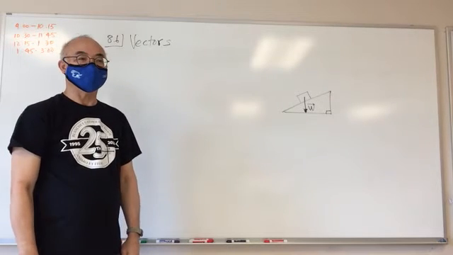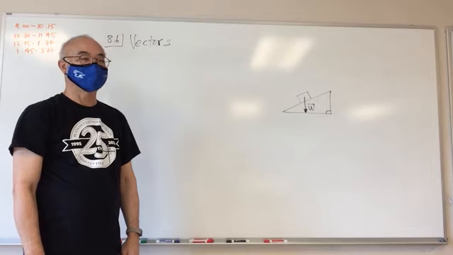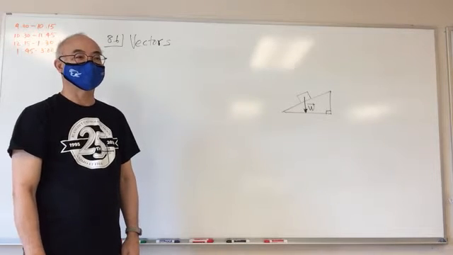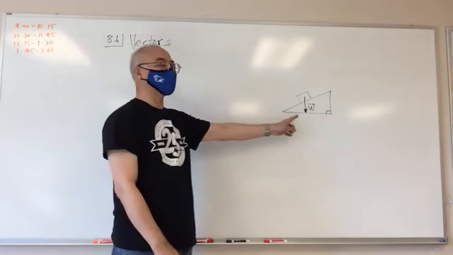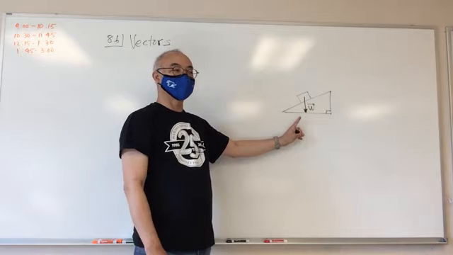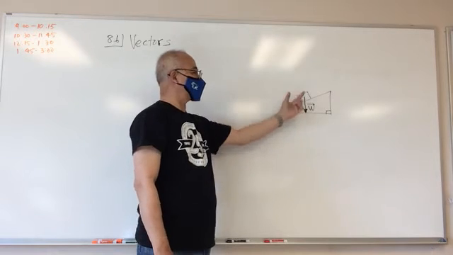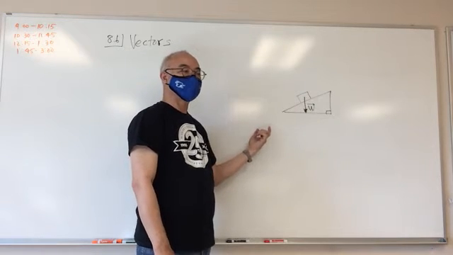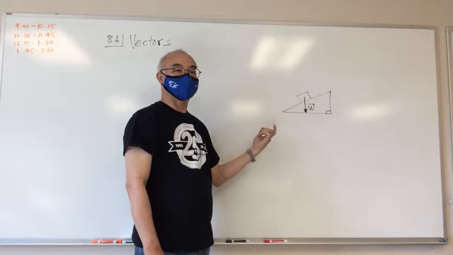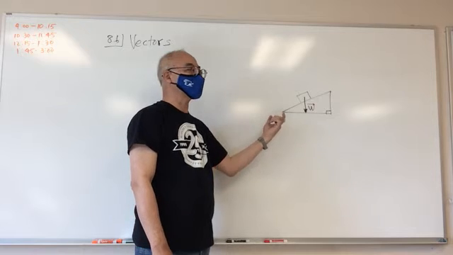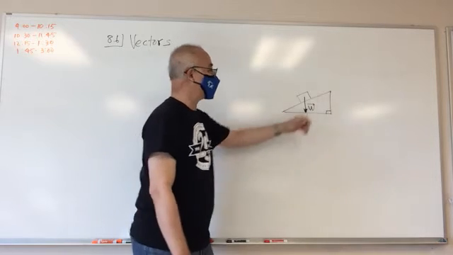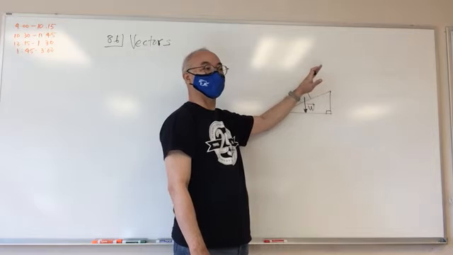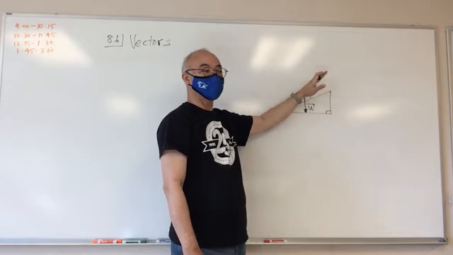Is it moving? Doesn't look like it's moving. Well, then something's got to be counteracting this weight, right? Something's got to be keeping it from sliding down. What's keeping it from sliding down? I bet you if I raised the ramp higher and higher, it would fall down, right?